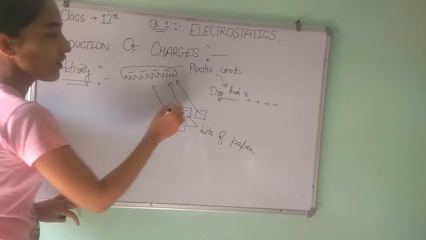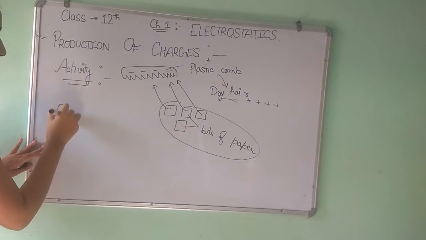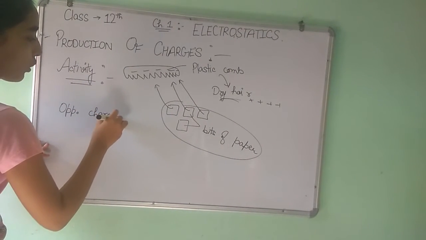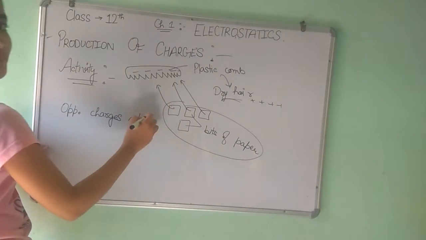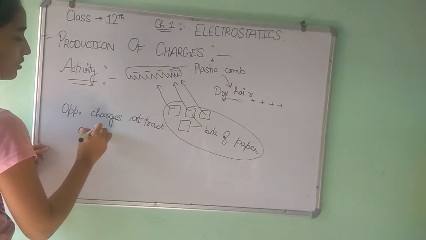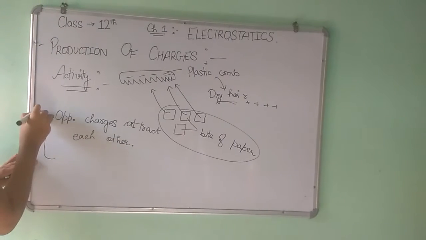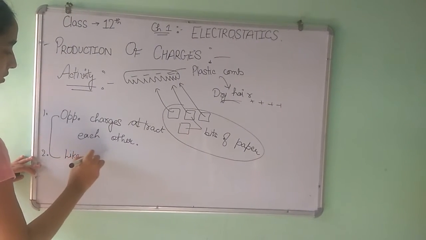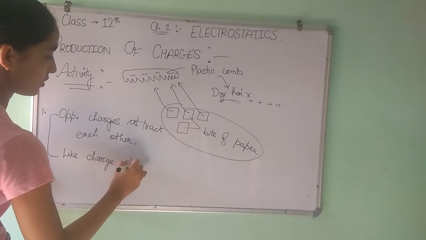It means we can find the charge on bits of paper, as you know, and have learned in your lower classes, that opposite charges attract each other. These are very important properties of charges, and like charges repel each other.